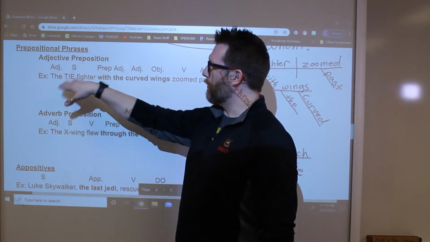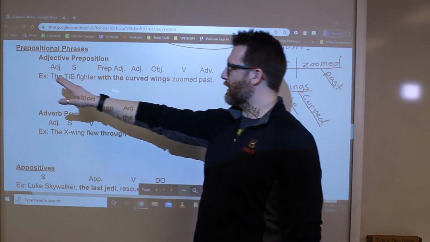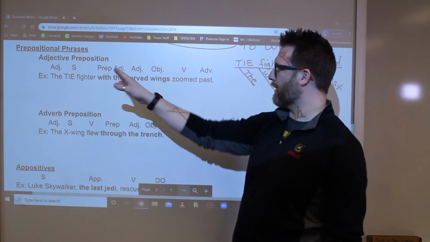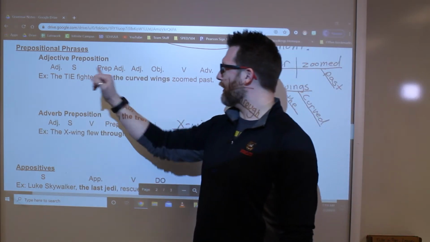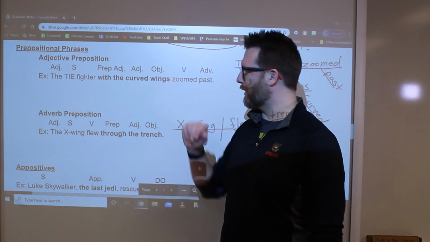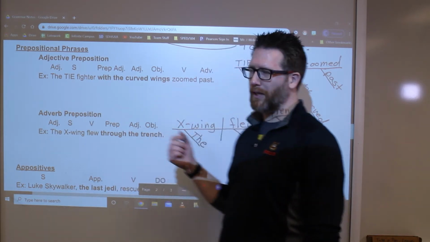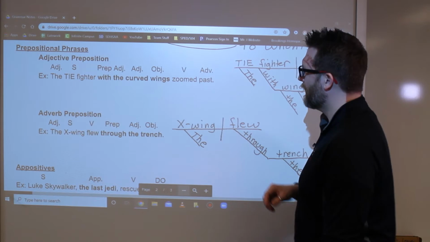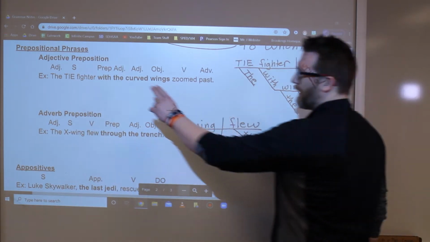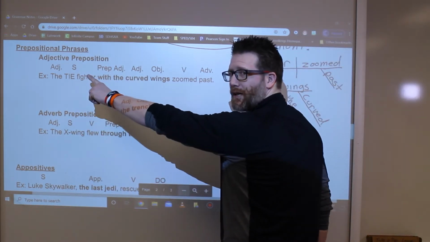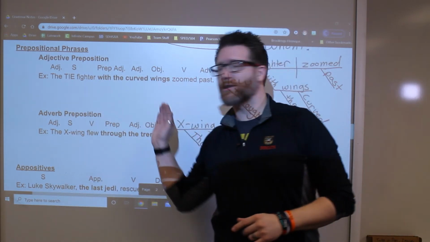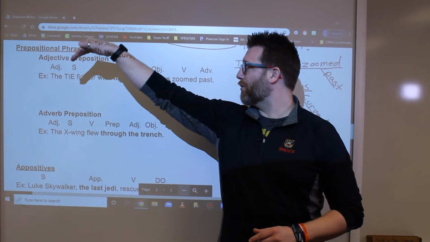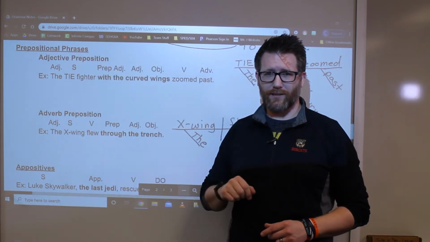With the adjective prepositional phrase, the sentence is: the TIE fighter with the curved wings zoomed past. With the curved wings is our prepositional phrase. So the way that we diagram that is, because it is describing the TIE fighter, and remember with adjective prepositional phrases, it always goes right back to the word that it's describing.